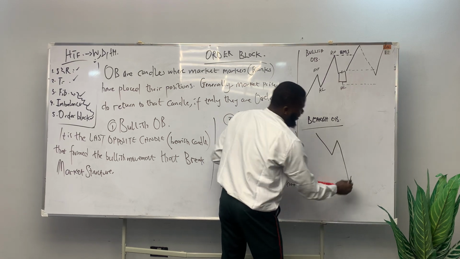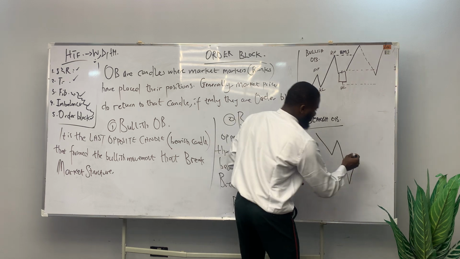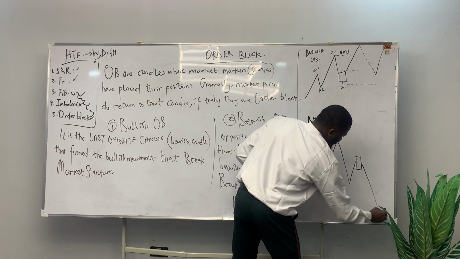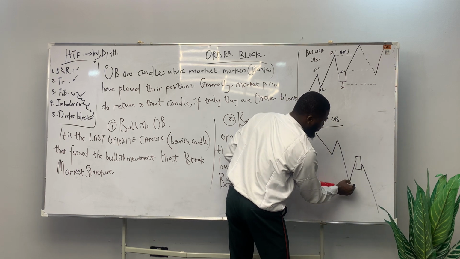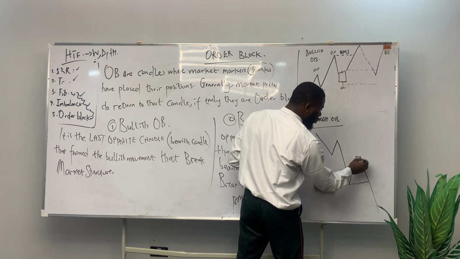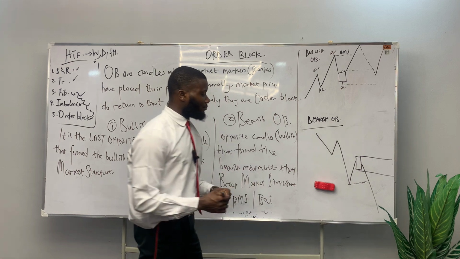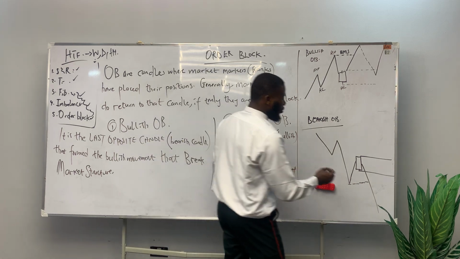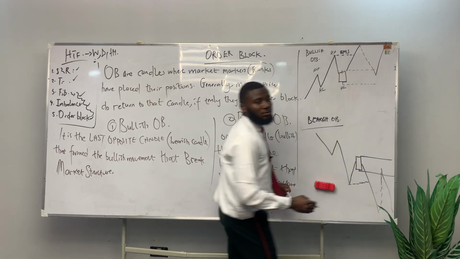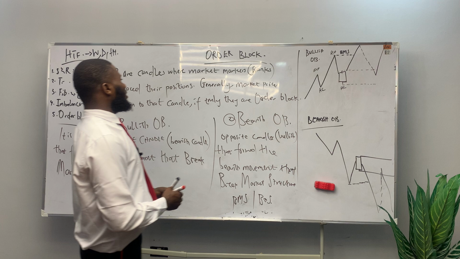It comes like this, and it broke structure. So this one is not your order block. You mark it with your rectangular tool, so once the market comes back there again, it sets down, right?